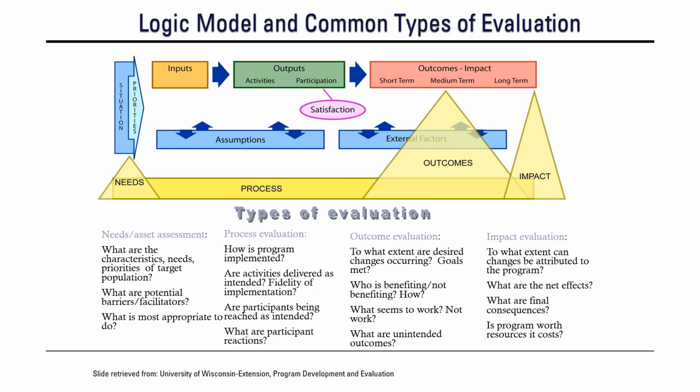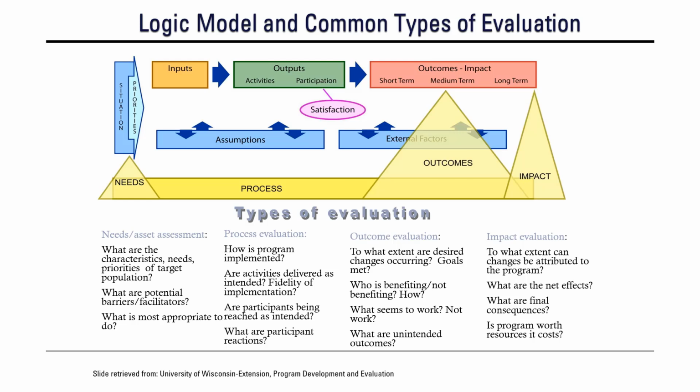Outcome evaluations focus in on these short-term, medium-term, and long-term outcomes. So we can start asking questions such as to what extent are desired changes occurring? Who's benefiting? What seems to work? What are the unintended consequences?